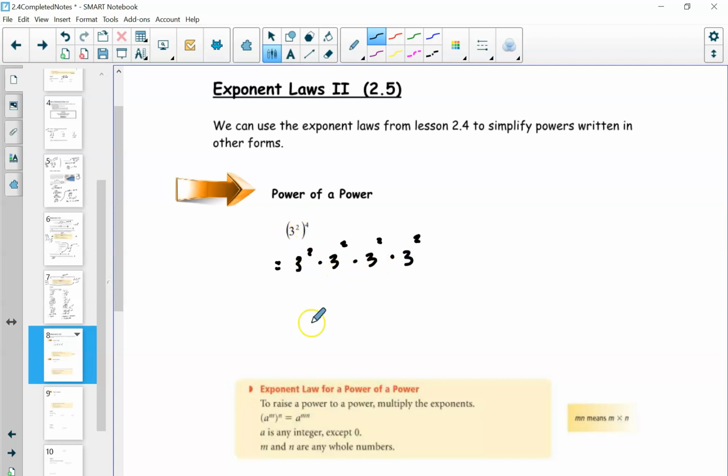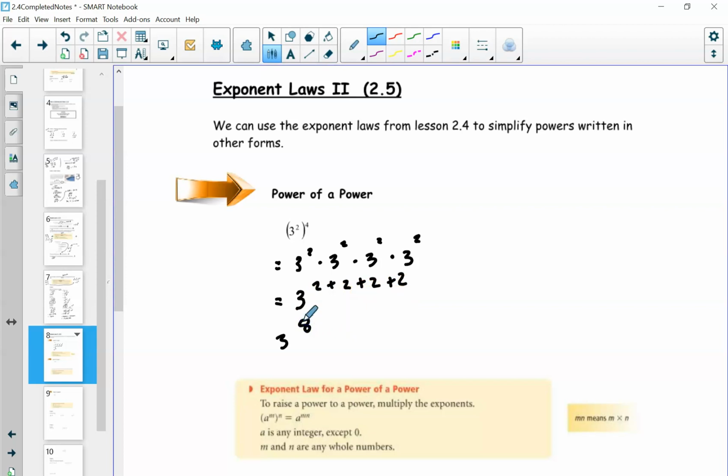1, 2, 3, 4. Now, we take the easy step from here, because if these are all multiplied together, we know from 2.4 that we can just add all of those exponents. So it would really be 3 to the power of 2 plus 2 plus 2 plus 2, which is 3 to the power of 8. All right?